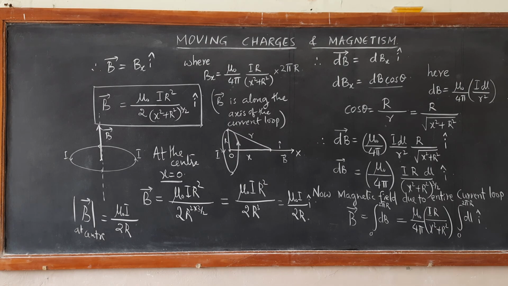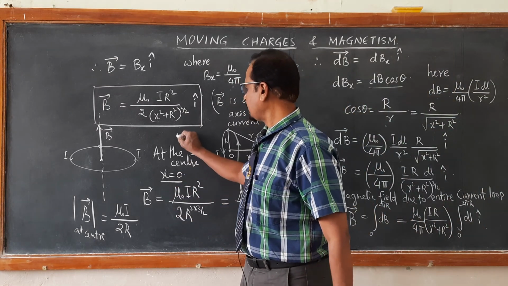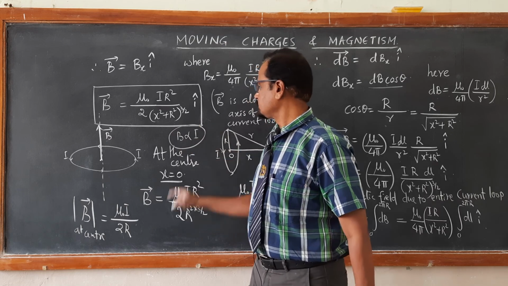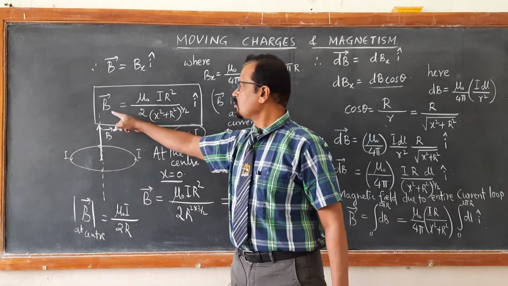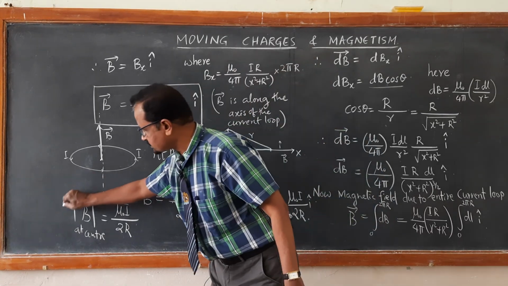Higher the strength of the current, you can see B is directly proportional to I. So, this implies larger the current flowing through the circular loop, more is the magnetic field, right. So, this is a very important discussion.